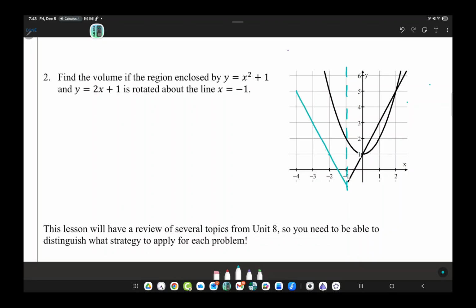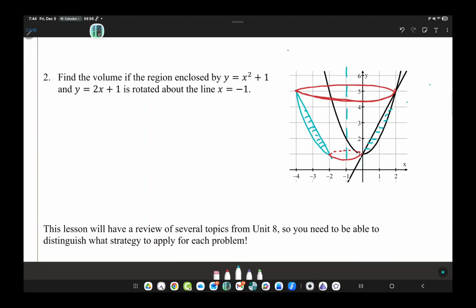All right, we have this rotation. So there we go. That's what we're going to rotate around, this area being rotated around.